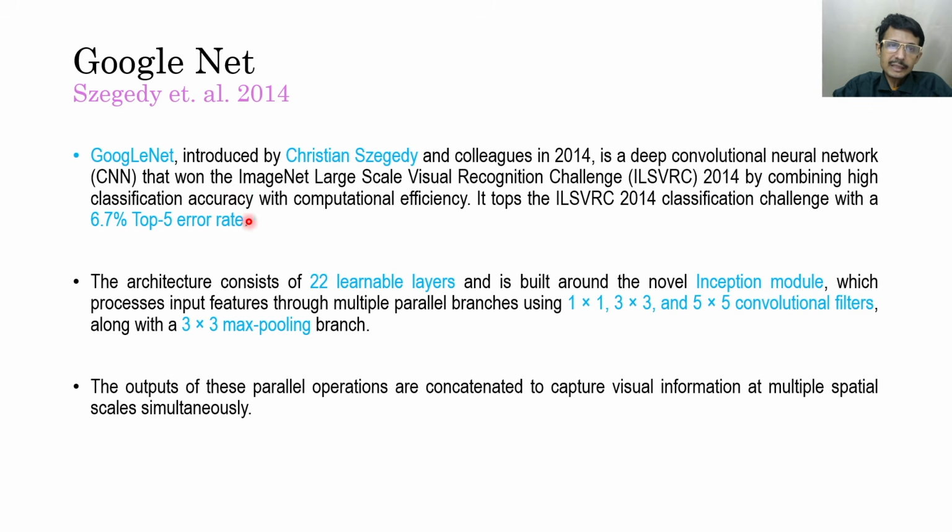By combining high classification accuracy with less computational cost, it topped the ILSVRC 2014 classification challenge, with a 6.5% top-5 error rate. So GoogleNet became the top deep neural network in 2014. It won this challenge that year.